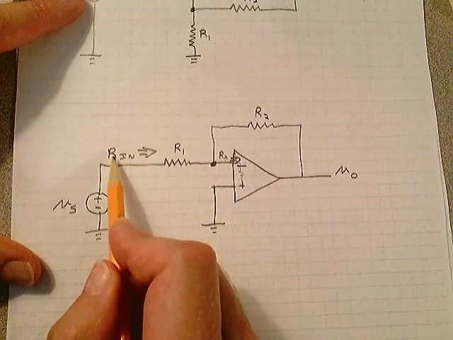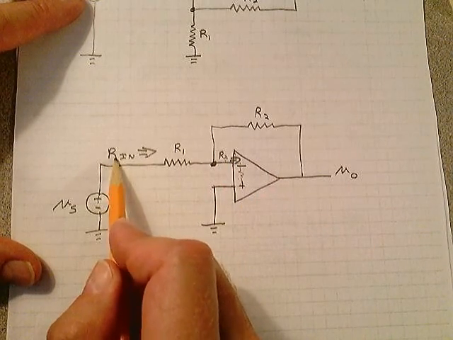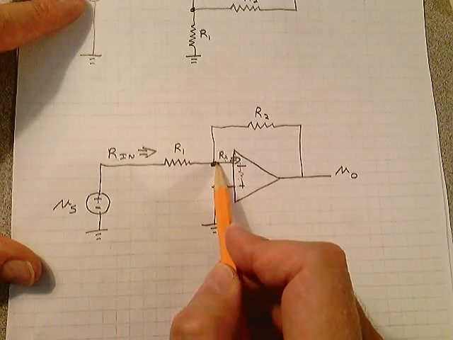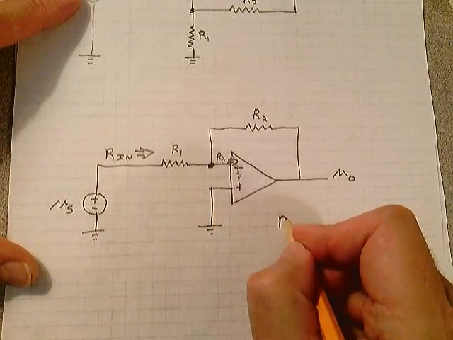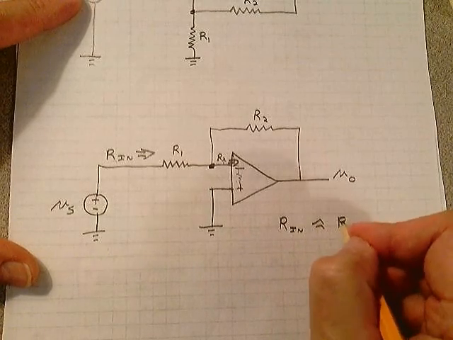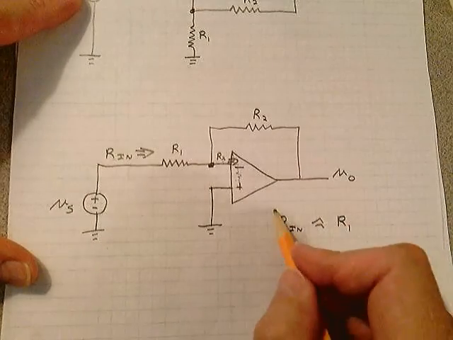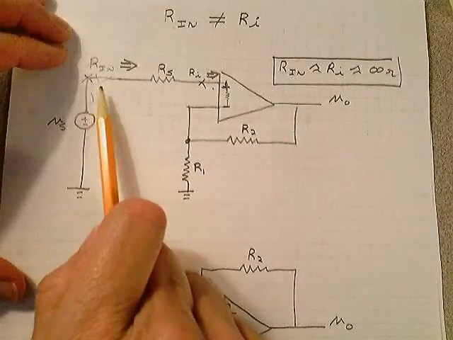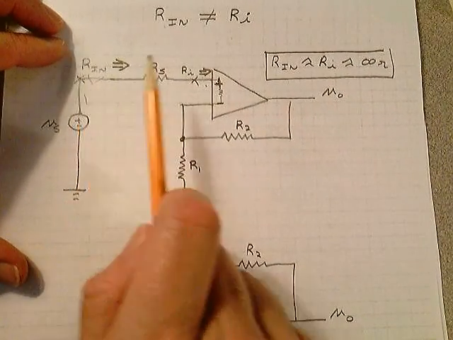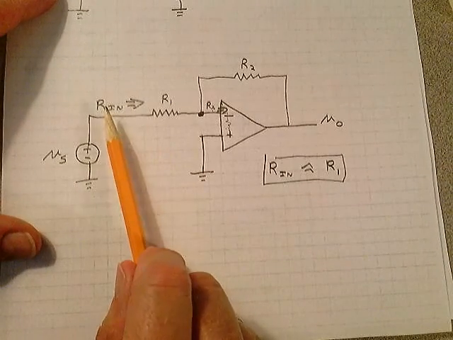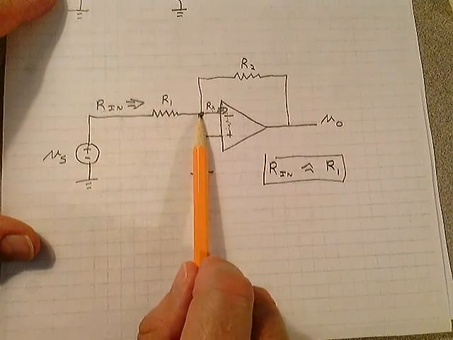But if you're out here and you want to know what the input resistance is to that circuit, with this being virtual ground, you see that Rin down here is approximately equal to R1. That's very important. Up here, Rin is approximately equal to infinity. Down here, Rin is approximately equal to R1, because that's virtual ground.